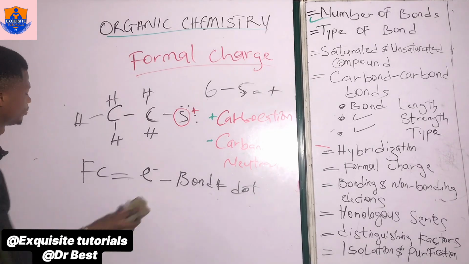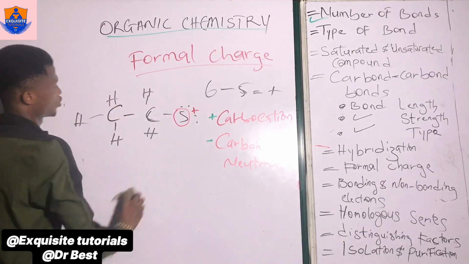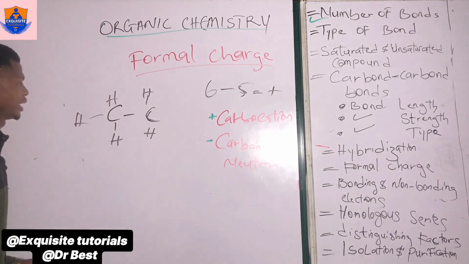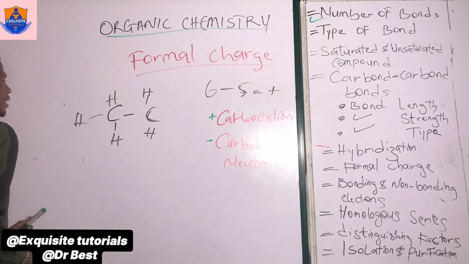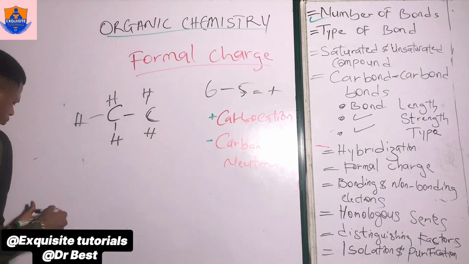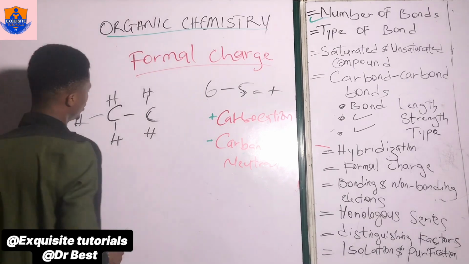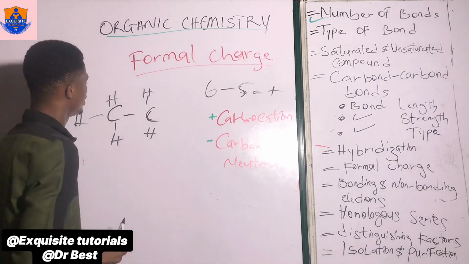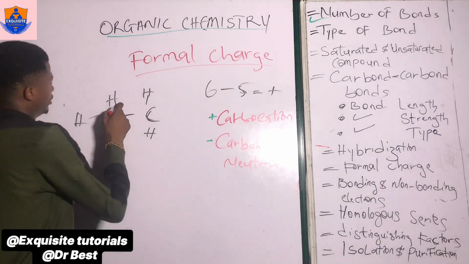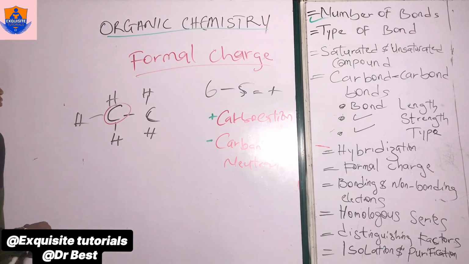Now let's look at some examples here, right? Now let's say we are asked to determine the formal charge. If we're asked to determine the formal charge of this particular carbon, what is the formal charge of this carbon?